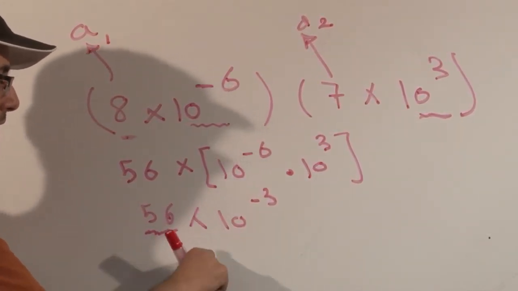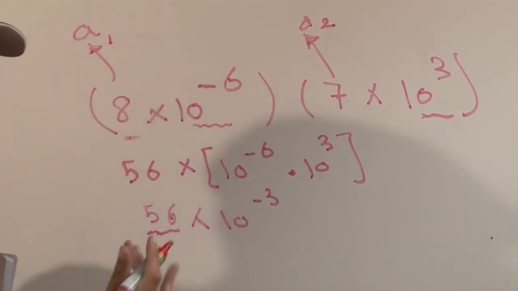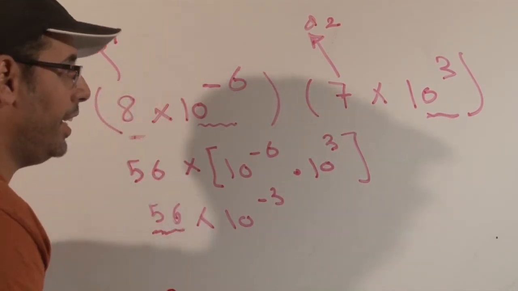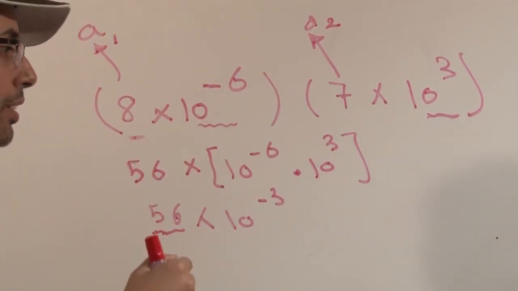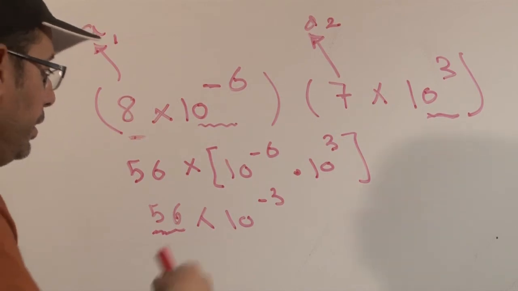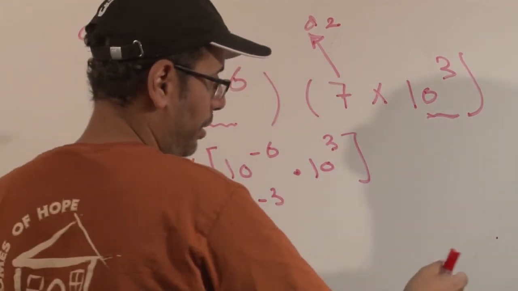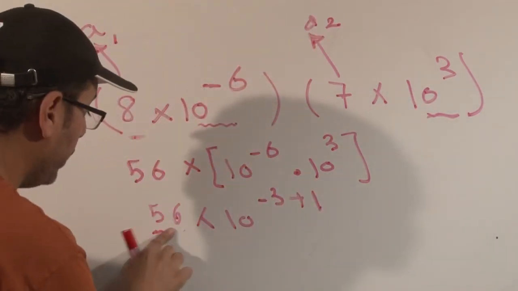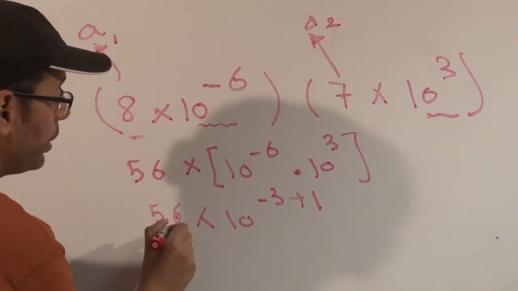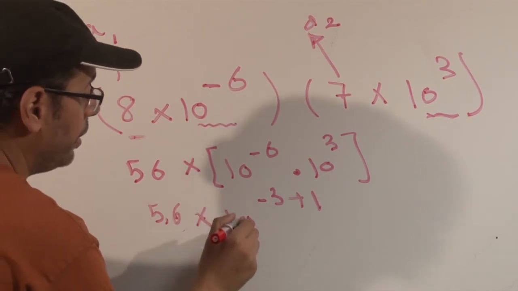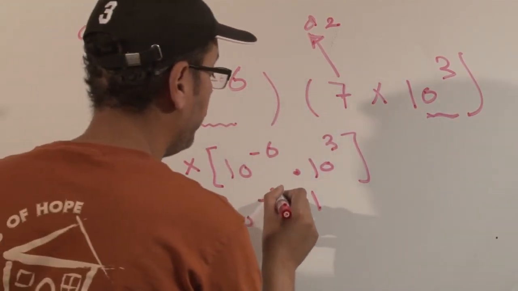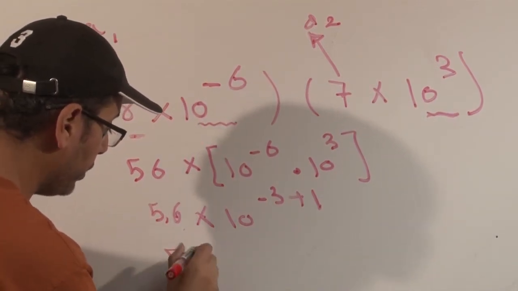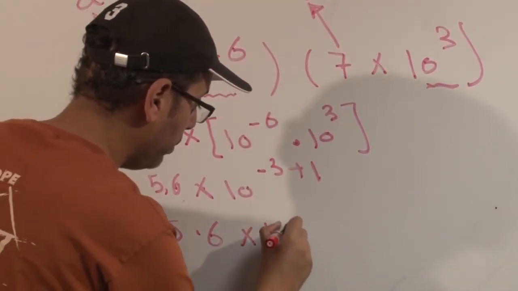Is that correct? No. This 56, I'm moving it to the left, which means that I am reducing it. It means that I'm dividing by 10, so I have to add 1 to the exponent. So that would be 5.6 times 10, negative 3 plus 1, which means 5.6 times 10 power of negative 2.